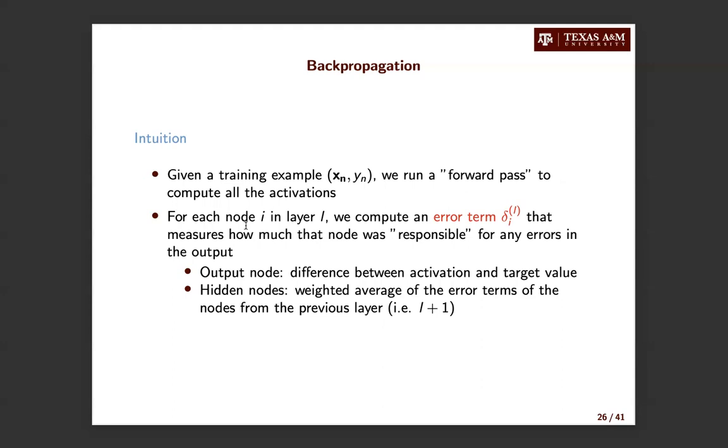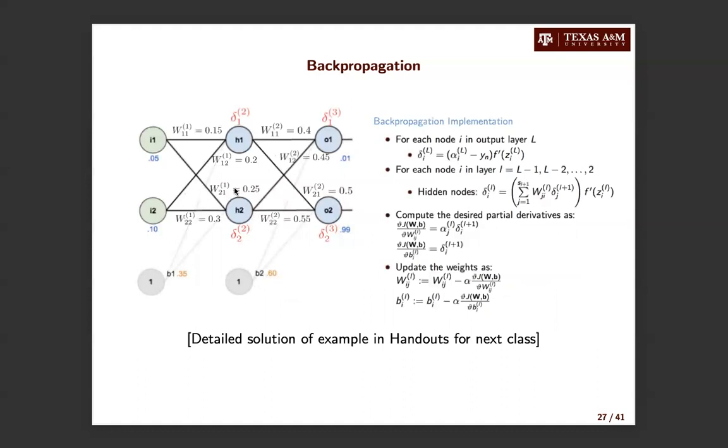It uses that error term in order to update the weights of that specific layer, and then it backpropagates this error in order to compute the intermediate error of the layer right before that specific layer. At that point, it uses this intermediate error term in order to update the weights of that layer, and then it keeps backpropagating the error and updating the weights of the other layers.